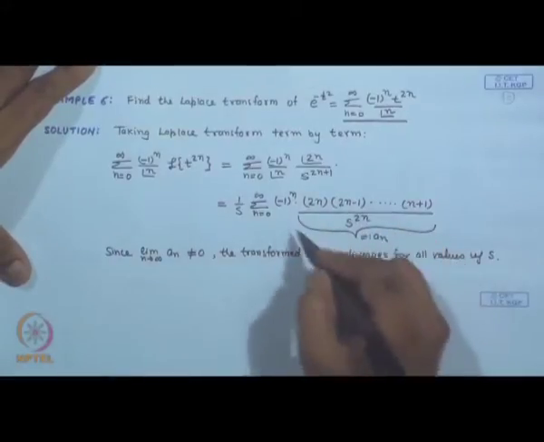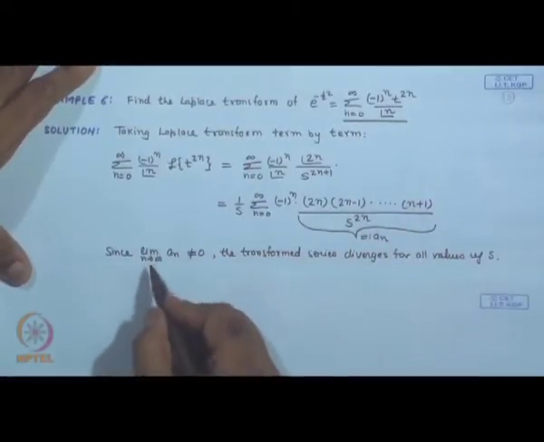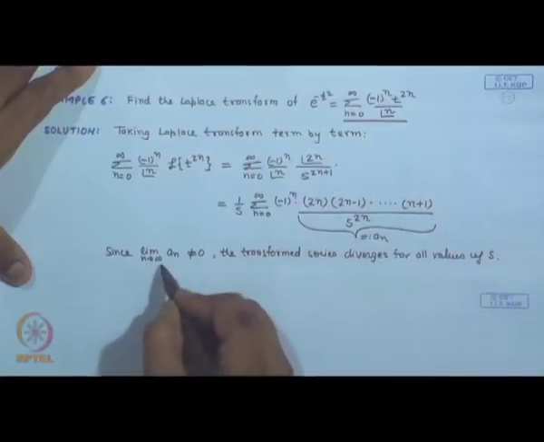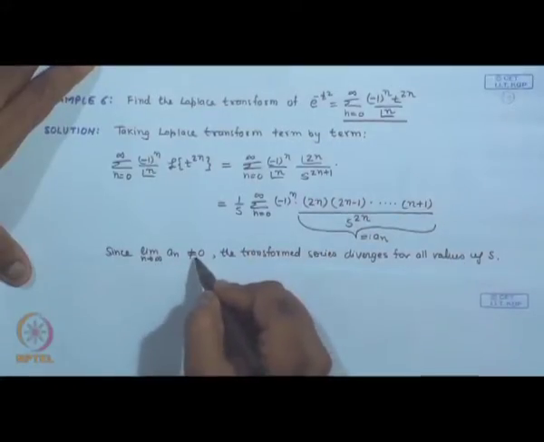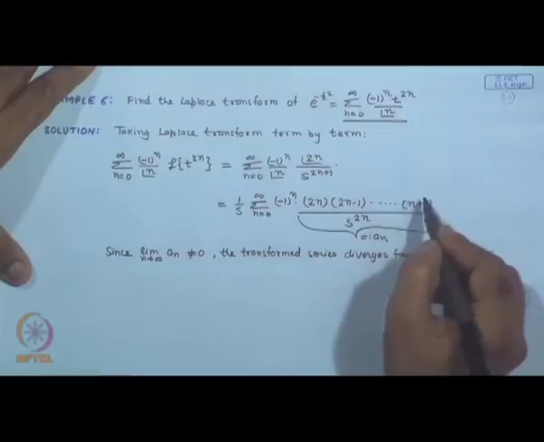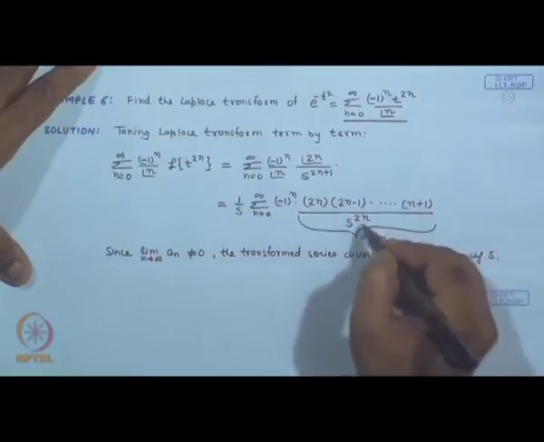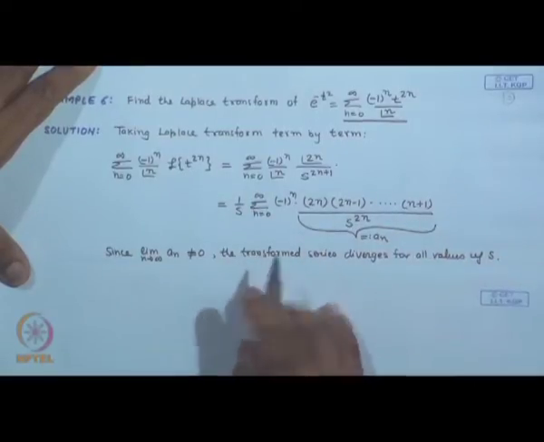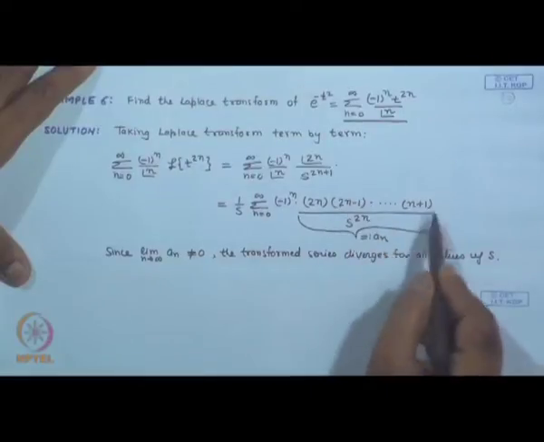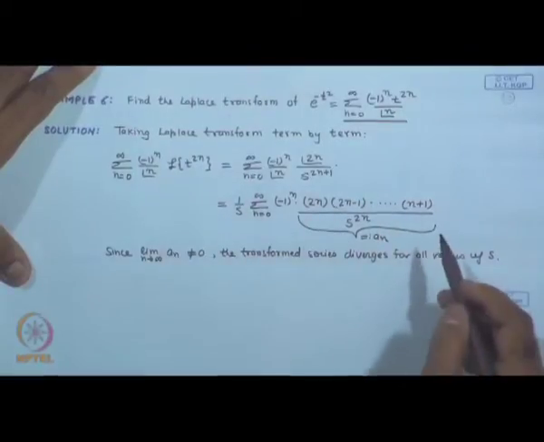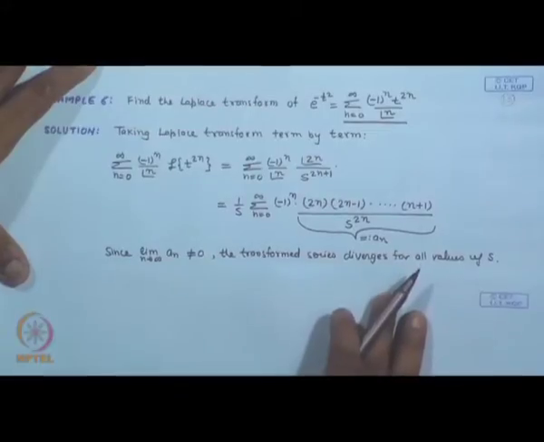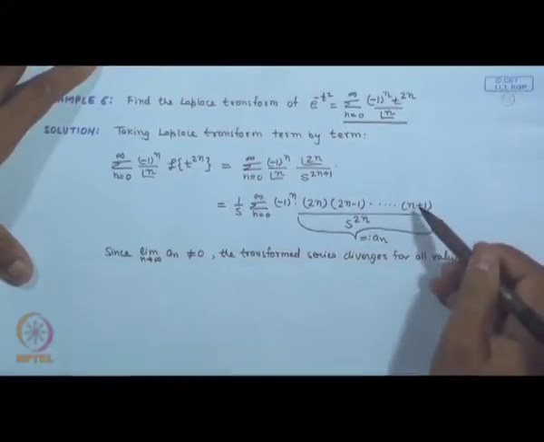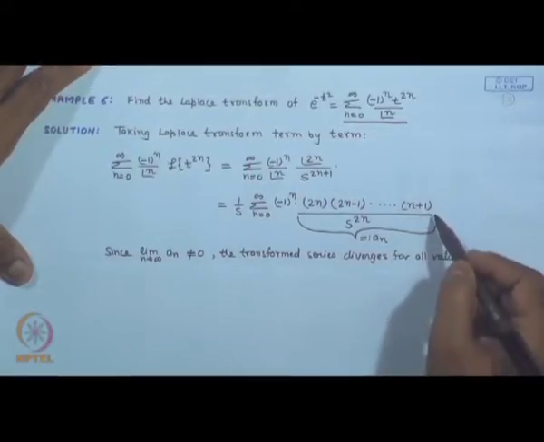The interesting part here is that A_n as n approaches infinity is not 0, because the numerator grows faster than the denominator, and therefore the transform series we got by applying the transform term by term does not converge for any value of s.